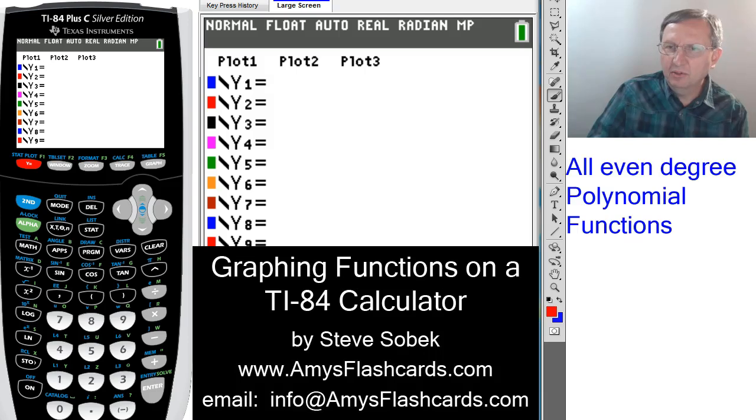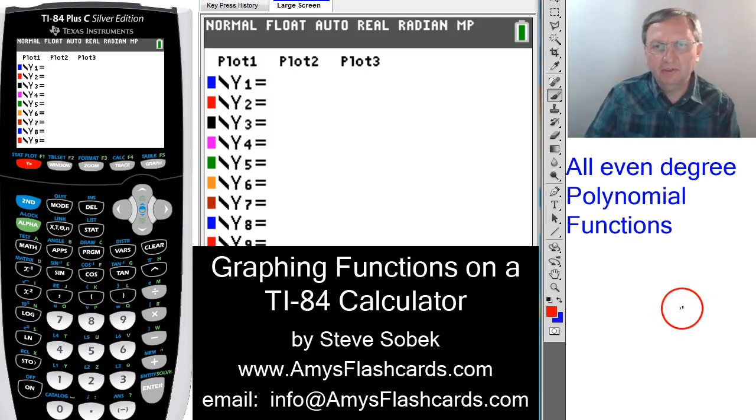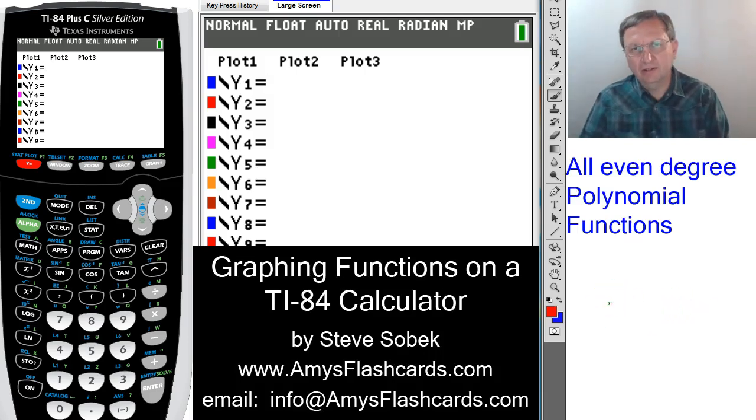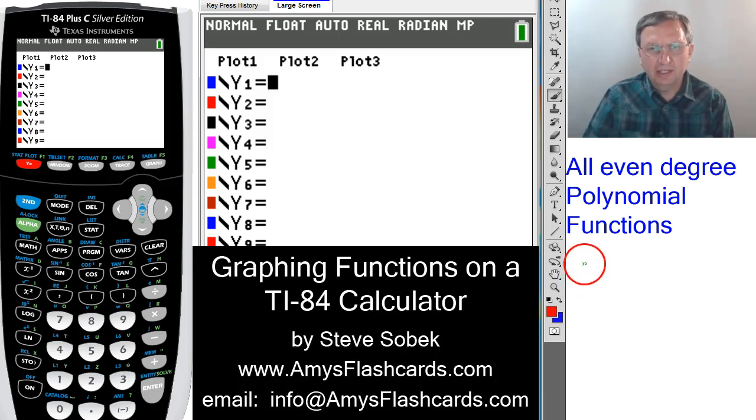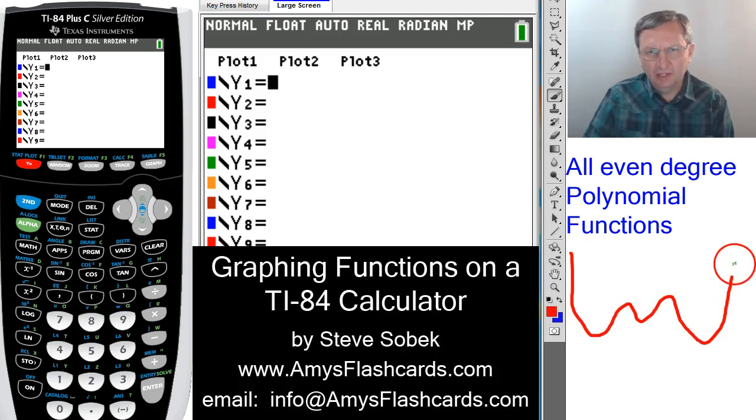What about even degree polynomial functions? With the even degree polynomial functions, like our quadratic functions and our quartic functions, and 6th degree and 8th degree polynomial functions, they're going to end the same way it begins. If it starts above, despite all the wiggle waggles it might do in between, eventually it's going to shoot upwards.